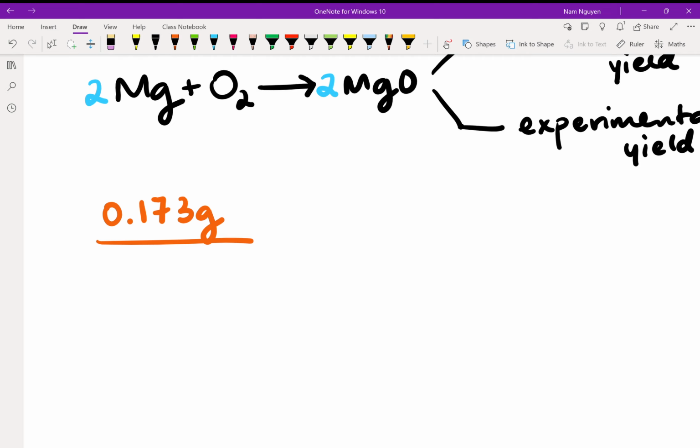So, the molar mass of magnesium, according to our periodic table that we use in physical sciences, says 24.31. If I calculate that, I will get how many moles of magnesium I had. Yeah? So, can someone do that for me?